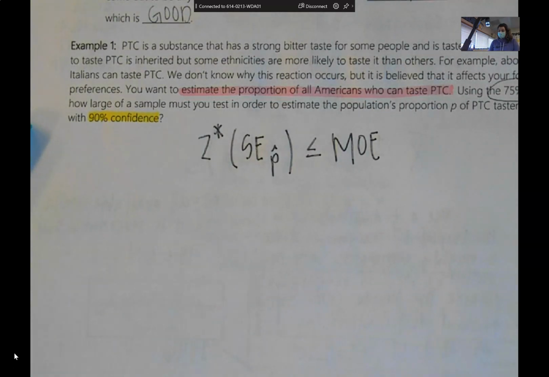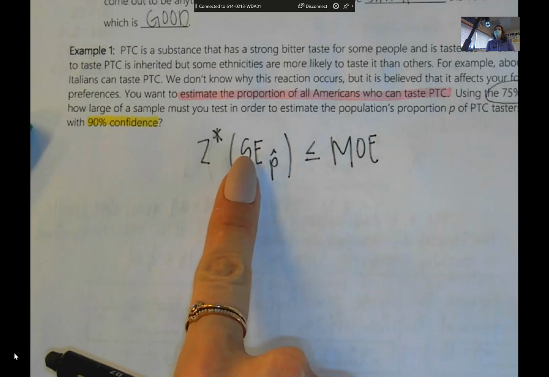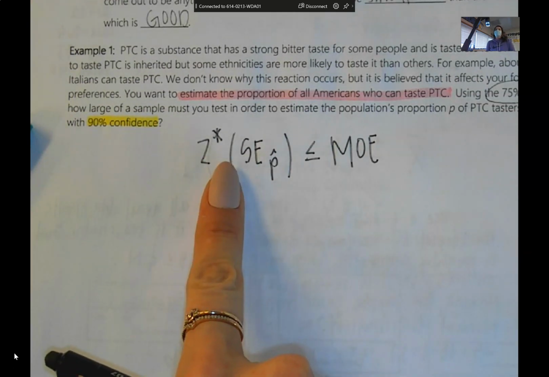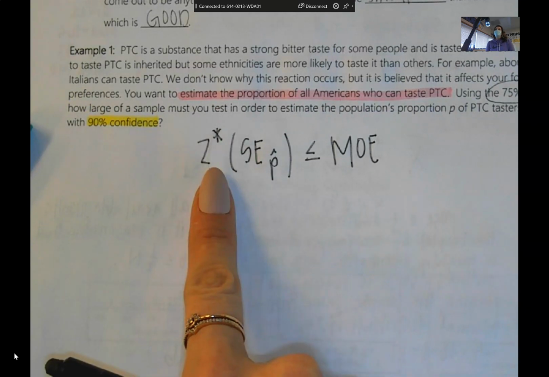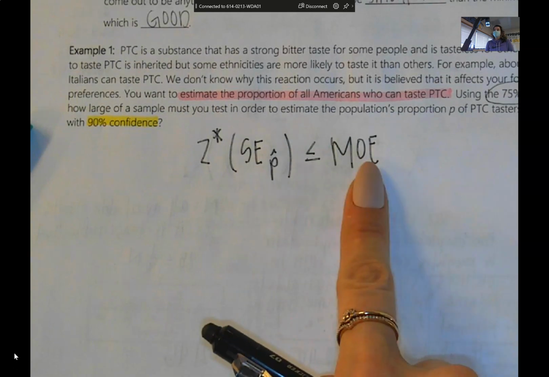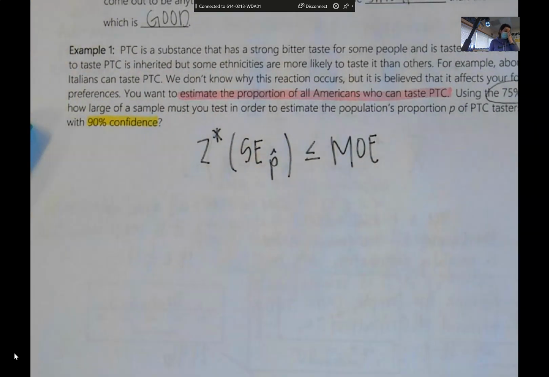Hopefully you guys are recognizing that this is the formula for how you make margin of error. So we're saying we want this to make a margin of error that's a specific value. Okay, well, let's fill this in with what we know.